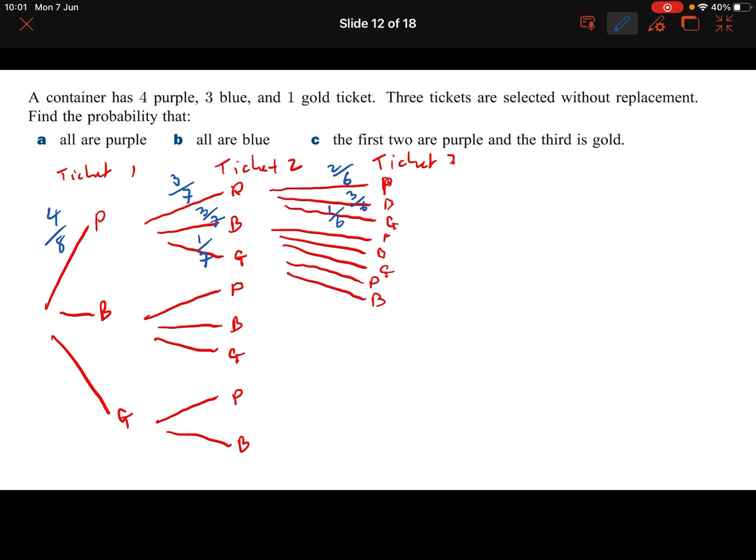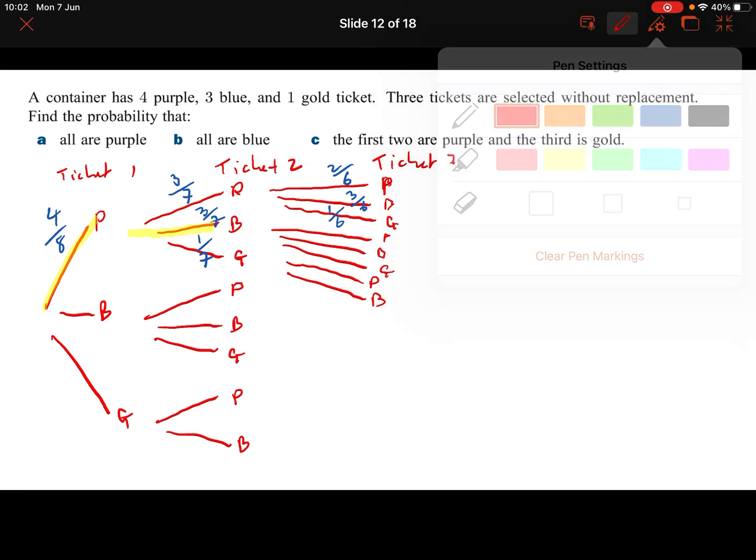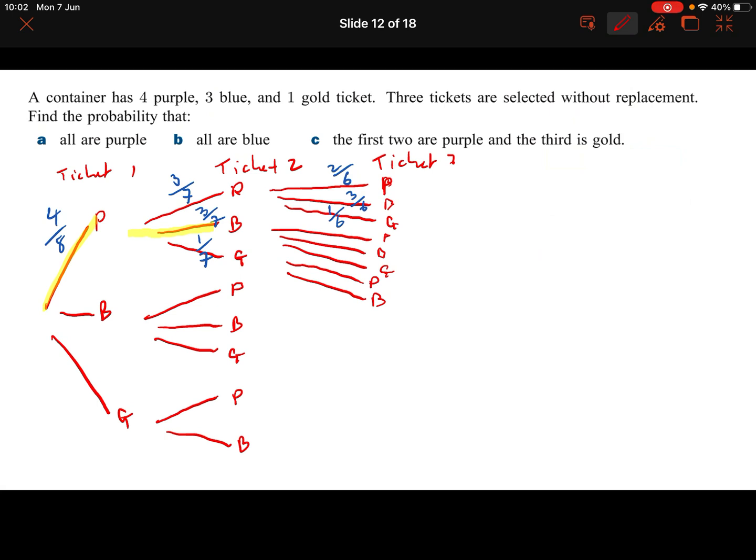Okay, now this time round I've taken purple and then a blue. So there's 1 less purple and 1 less blue. So if there's 1 less purple, I've got 3 out of 6, you see why I need the space.